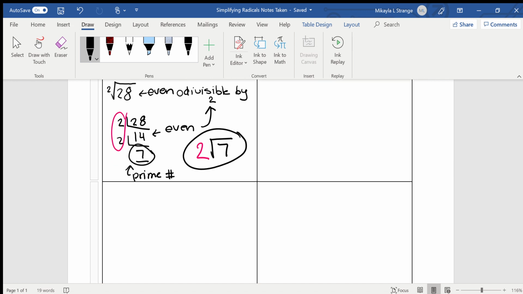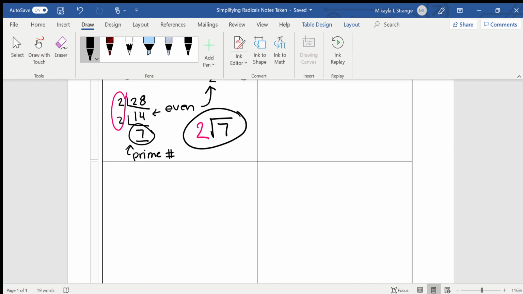So let's try doing one that maybe isn't as easy to see. Let's take the square root of 63. As we can see, it's an odd number, which means it isn't divisible by 2. So let's try the next number. Let's see if 3 can go into 63.